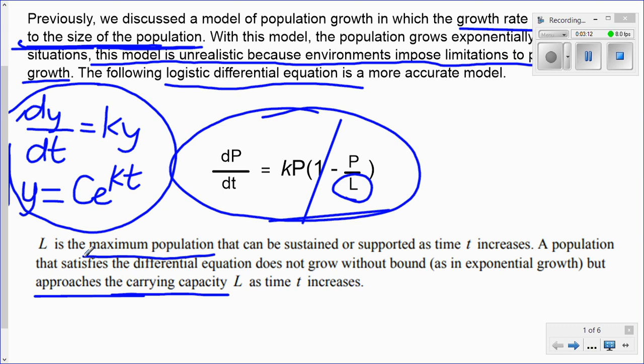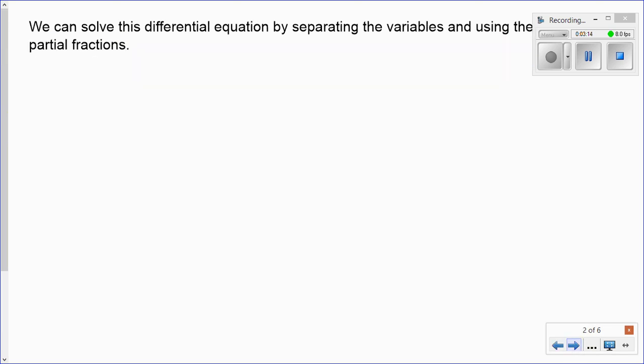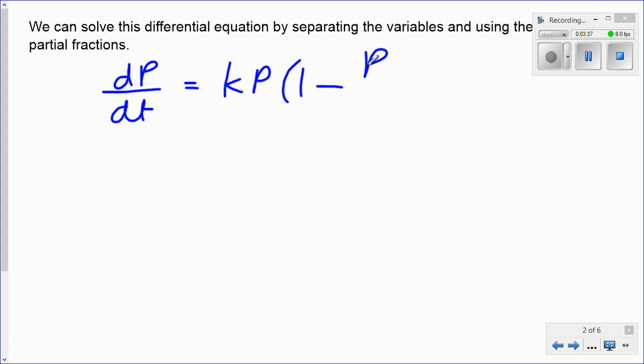Now we can solve this differential equation by separating the variables and then using the partial fraction technique to integrate. So let's do that. Remember, our differential equation is dP over dt equals k times P times 1 minus P divided by L.